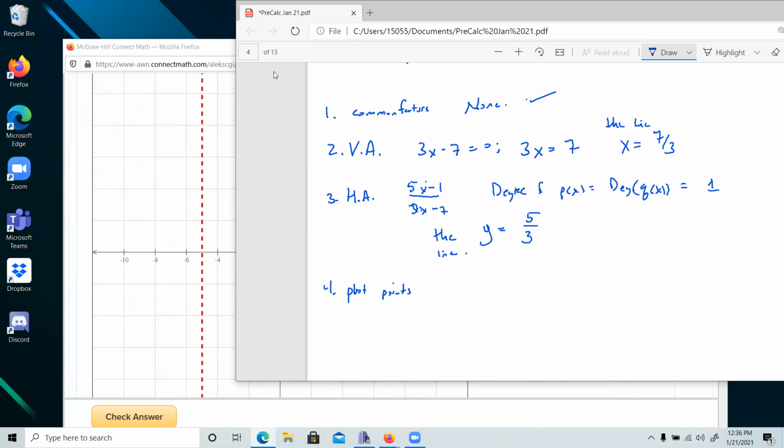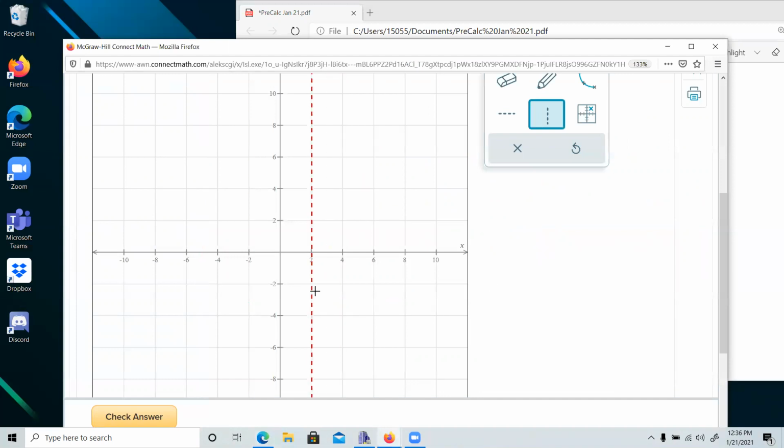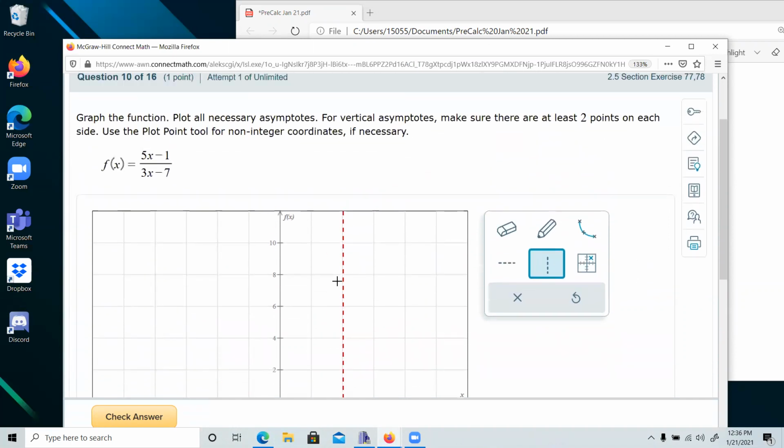Well, where is 7/3? Oh, it's a little bit bigger than 6/3, isn't it? 7/3 is a little bit bigger than 6/3, and 6/3 I know is 2. So this is a third past 2. That'd be 3. That's too much.